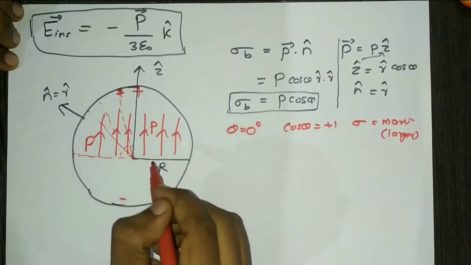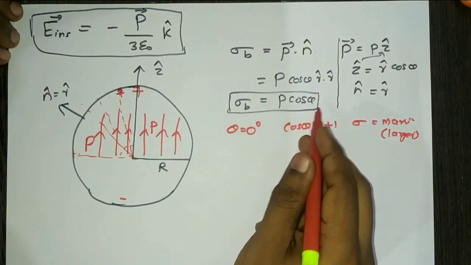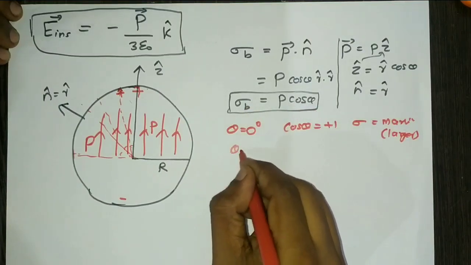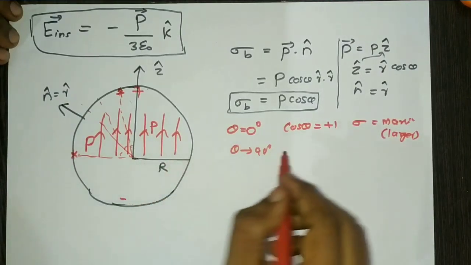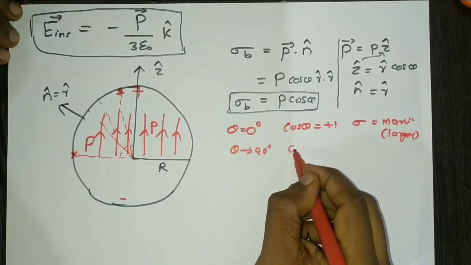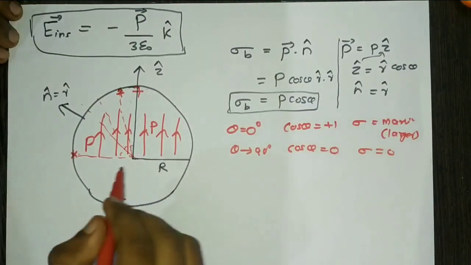For these angles, cos theta will vary. When theta tends to 90 degree, at this particular point, cos theta will be 0, sigma will be 0.